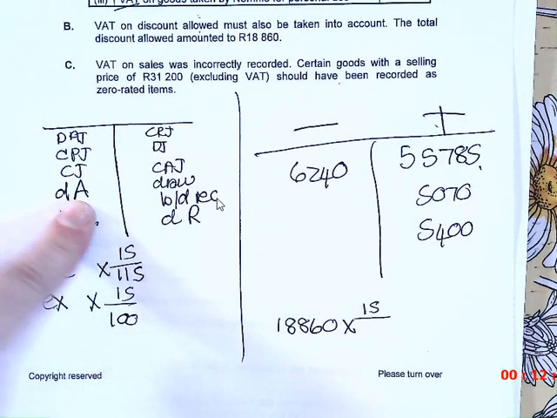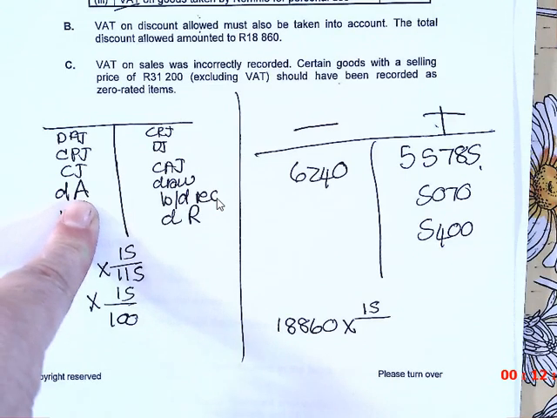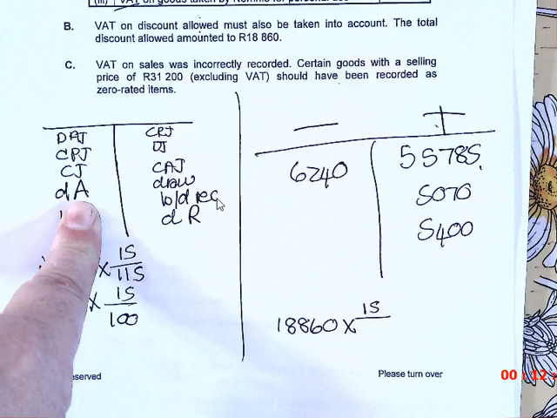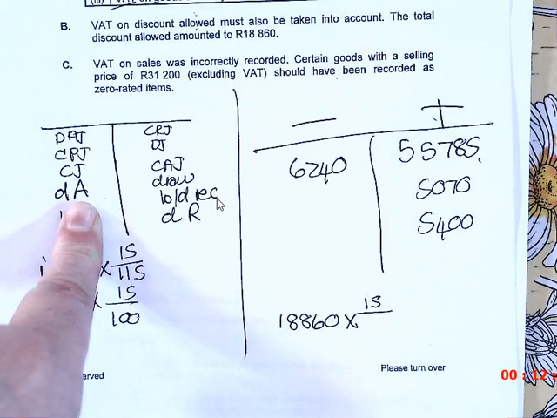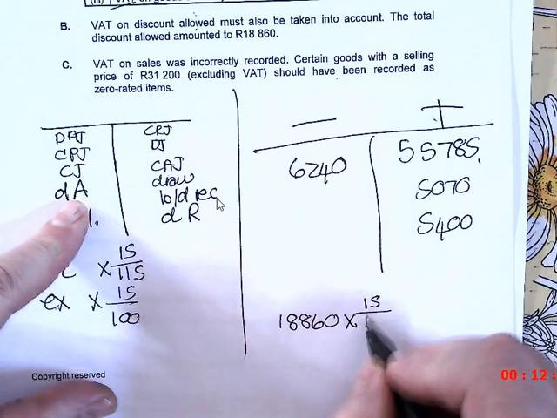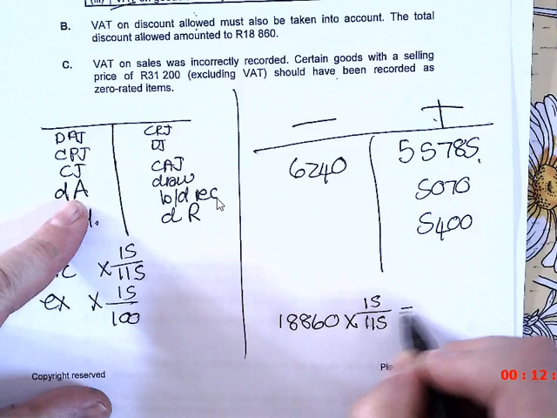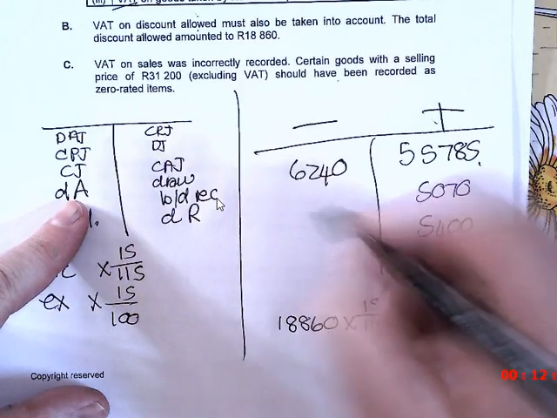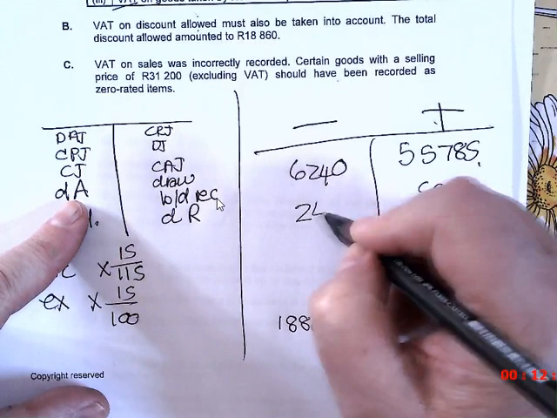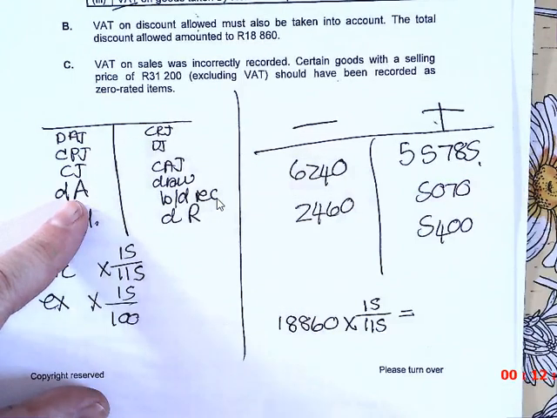Inclusive. It's inclusive because remember, when the debtor bought from you, what does he owe you? He owes you the amount inclusive of VAT. You understand? So now when he calculates discount, it's most likely going to be on the inclusive amount. That's what I'm thinking. I might be wrong, but that's what I'm thinking. So what do you get? 2,460.